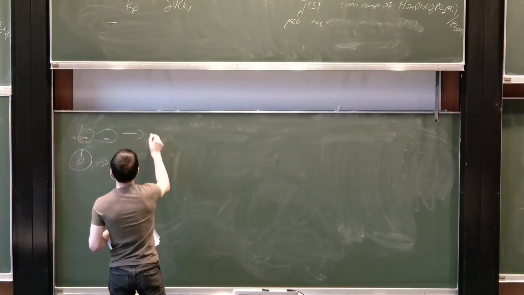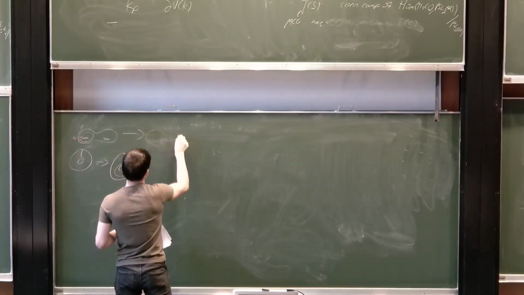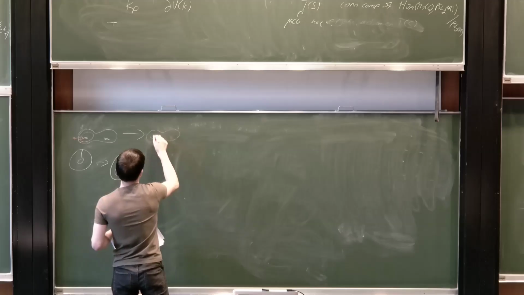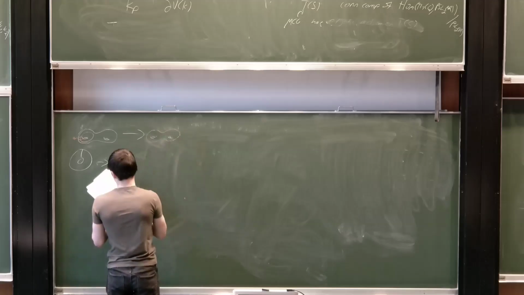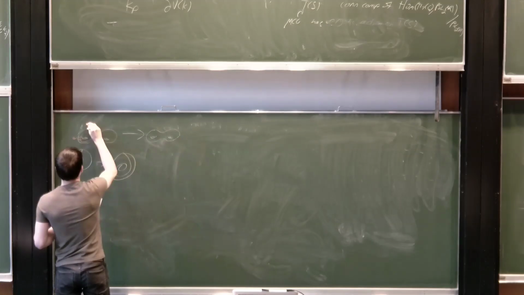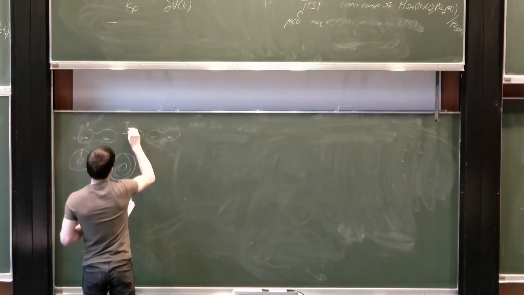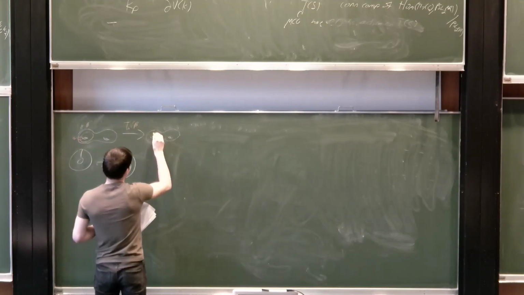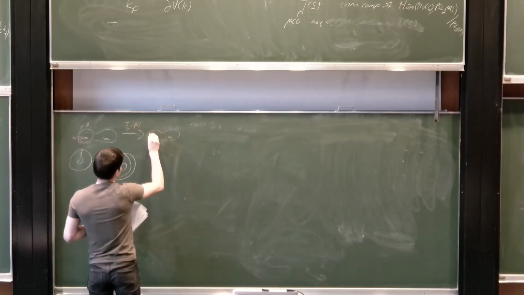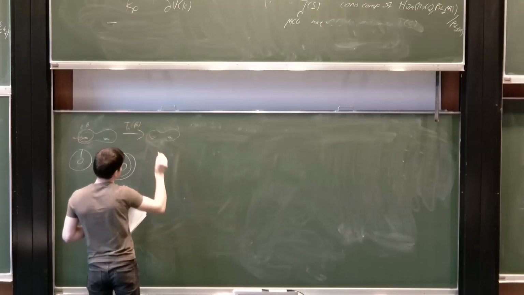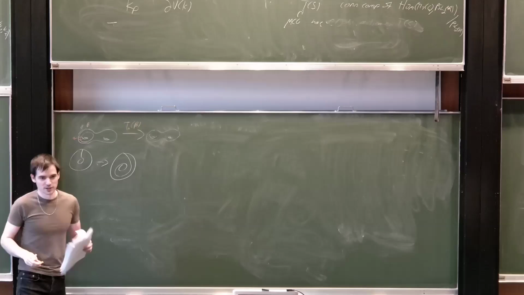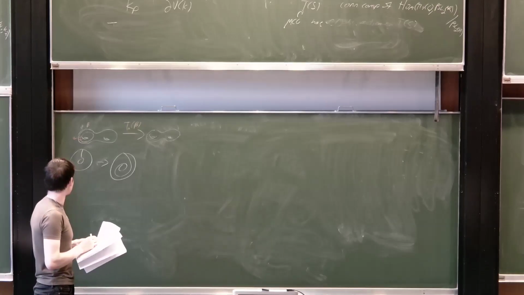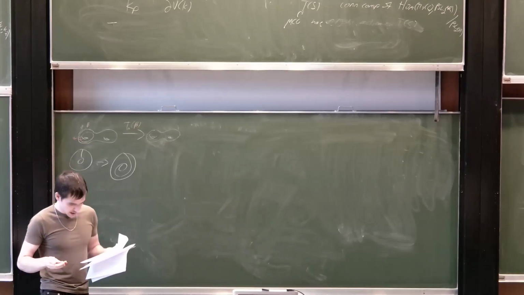So it sends a curve beta going around and back, twisting it once around where alpha was.